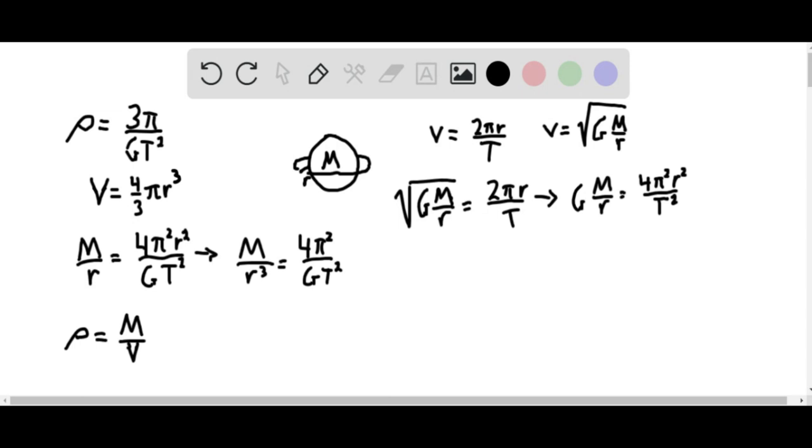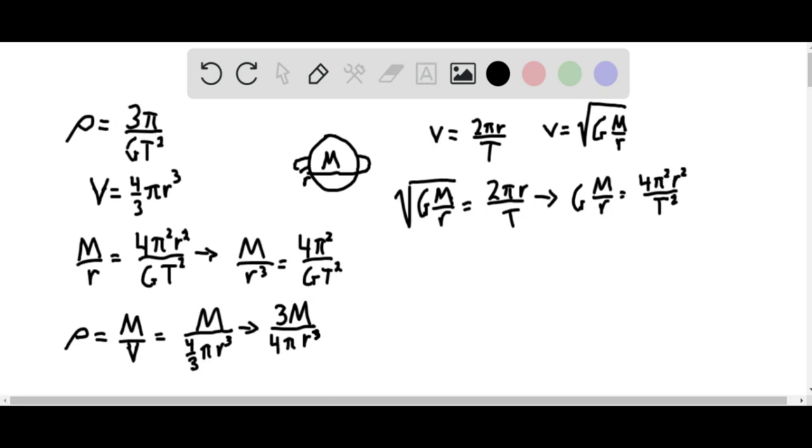We can substitute that equation for volume into the denominator of our formula for density to get M over 4/3 pi r cubed, which we can then rewrite as 3 times M over 4 pi r cubed.